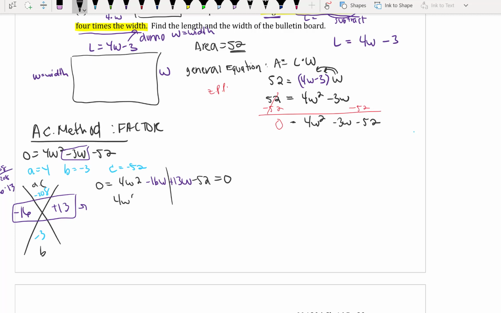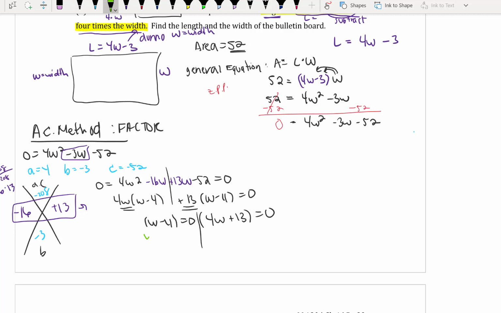I have 4w times w minus 4, plus, and 52 divided by 13 is 4. So that means 13 would be the GCF, and I have w minus 4 equal to 0. So now I have w minus 4 is equal to 0, and my leftovers, 4w plus 13 is equal to 0, since I'm splitting it in half.